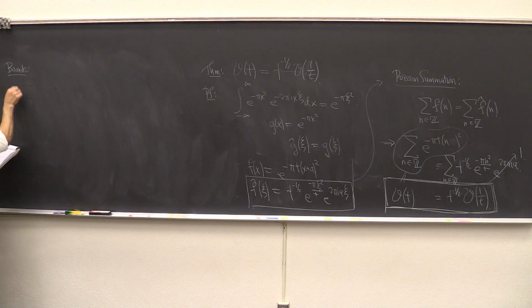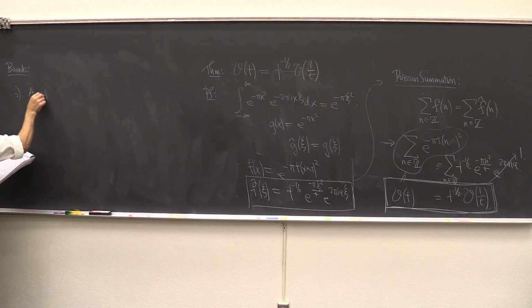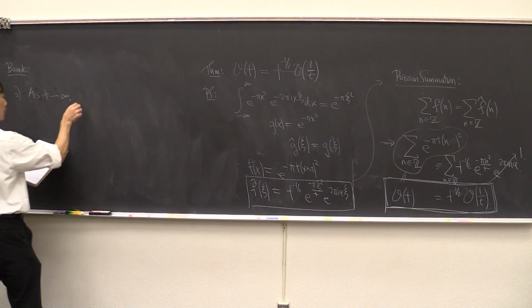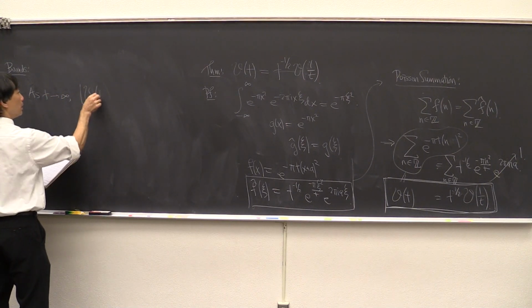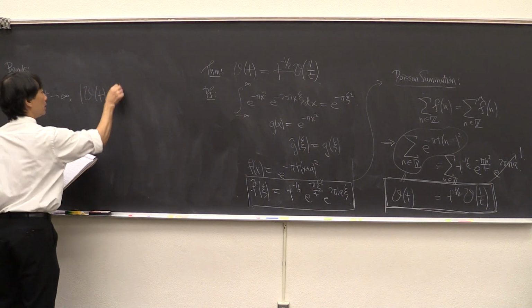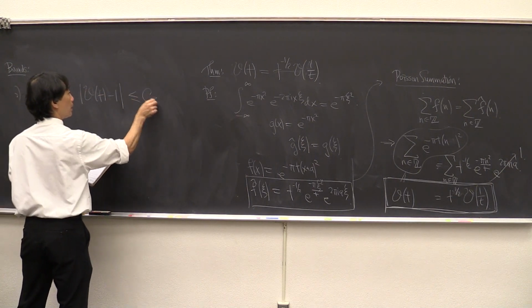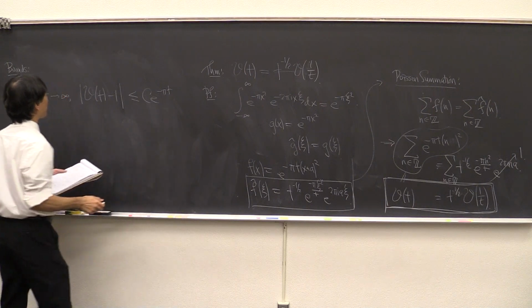One: as t goes to infinity, the theta function minus 1 decays like e to the negative pi t.